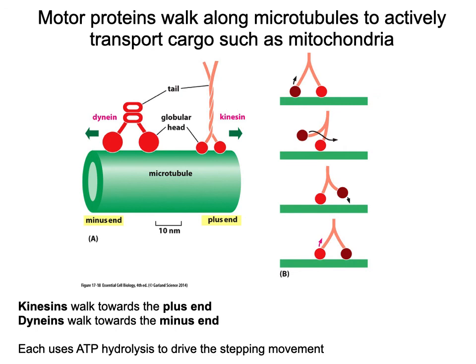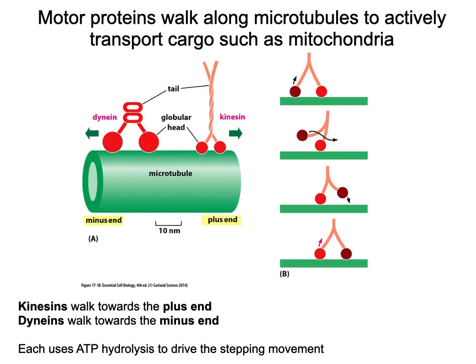But there's this animation that was done showing these vesicles being moved along a microtubule. It's pretty cool. They had these little globular heads, and they look like little feet walking along the microfilament. So two of these motor proteins that are important for microtubules are dynein and kinesin.